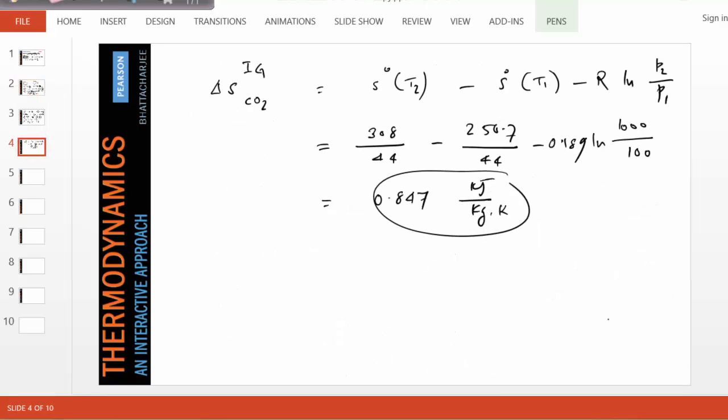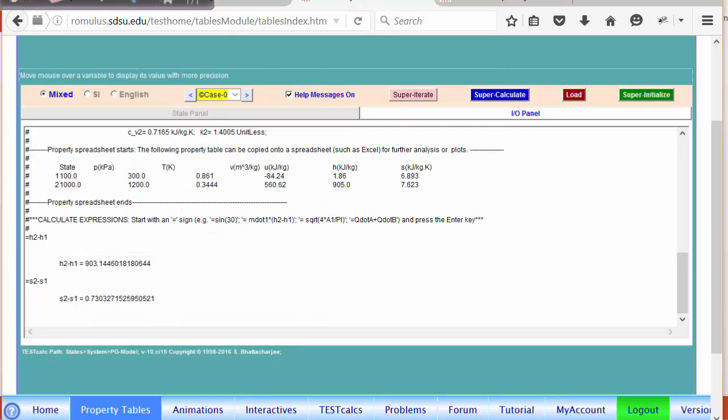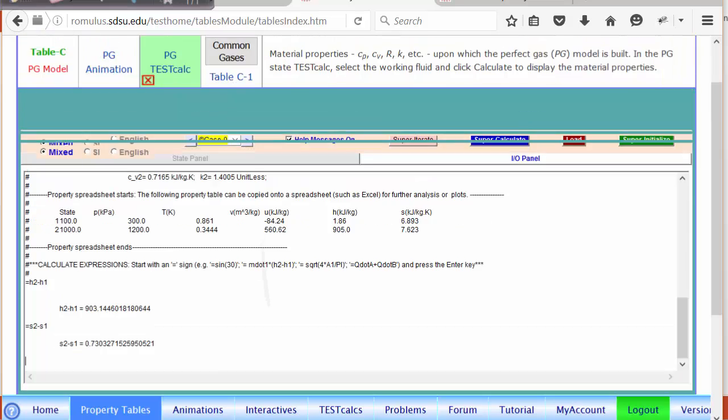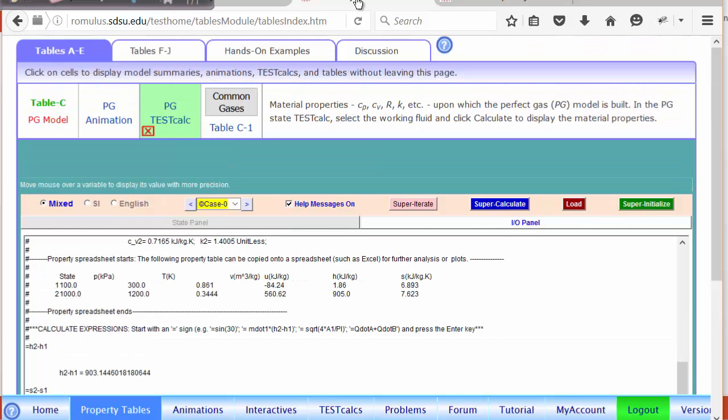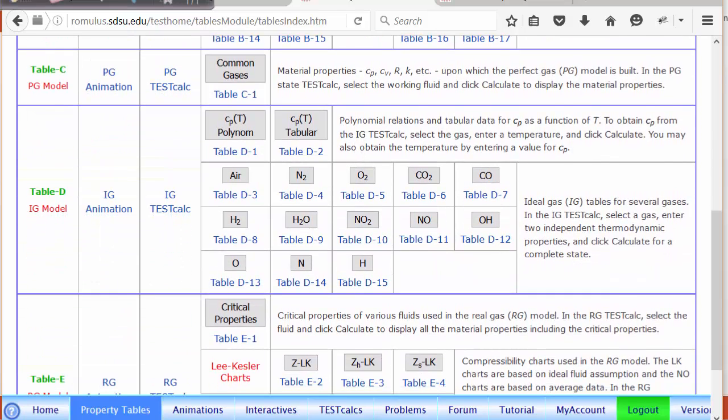But now let's verify our IG model calculation. To do so, here we have our PG model results. Okay, let's go launch. To close this test calc, we can click here again and come to the IG model. Launch the IG model test calc right here.